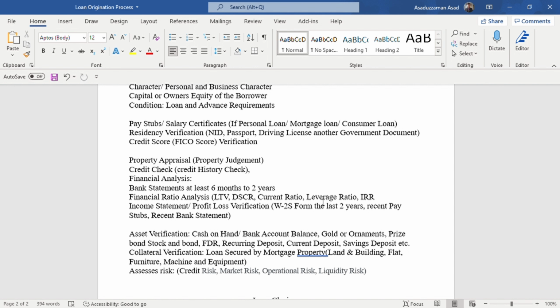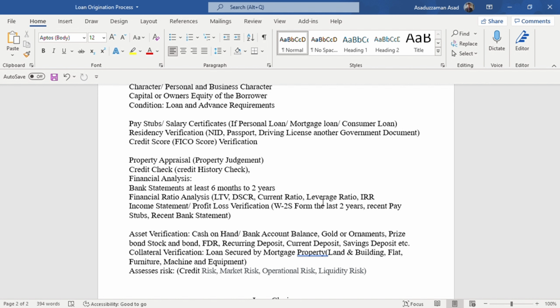If the interest rate is very high to take a loan, then it is very difficult for a borrower or a client, because if the profitability or the business condition of the borrower is not in a good position, the borrower may not be capable to repay the interest amount on a monthly basis or quarterly basis or at the right time.